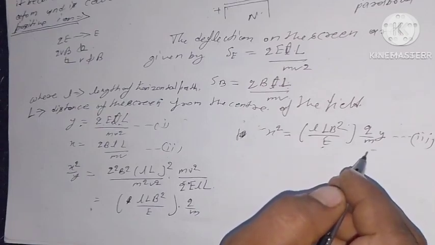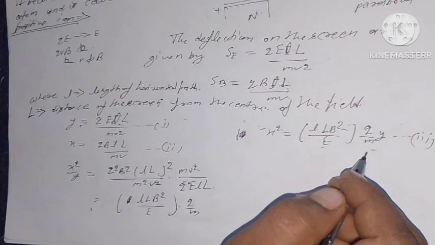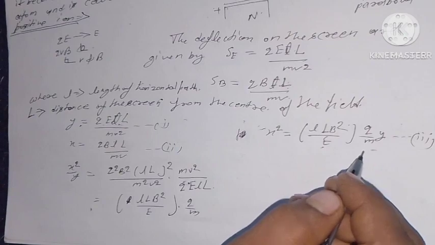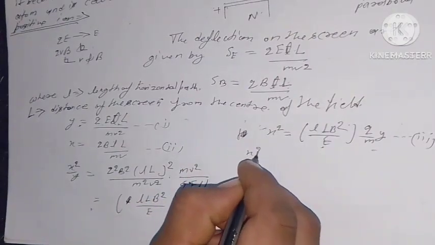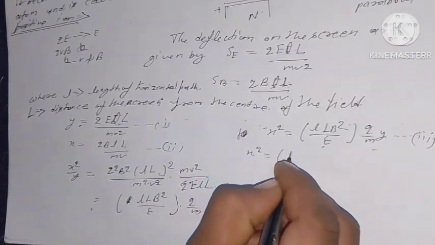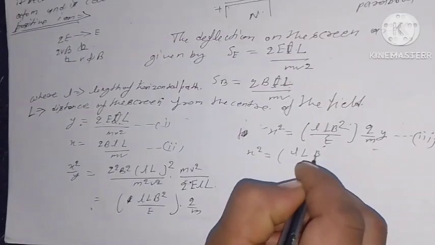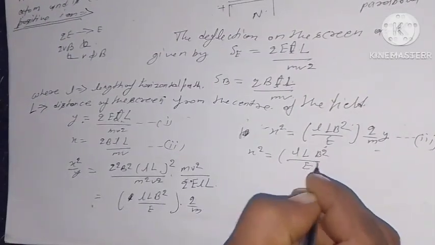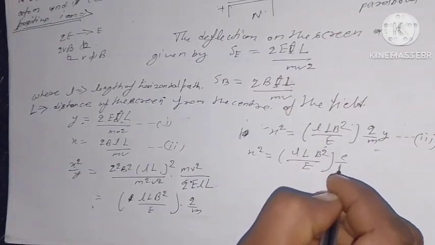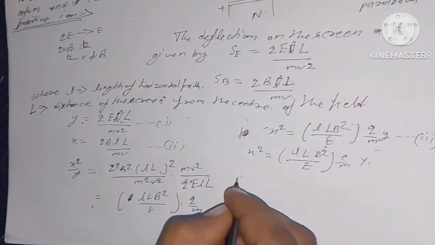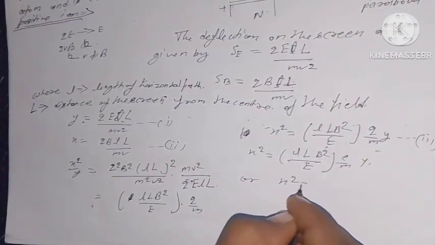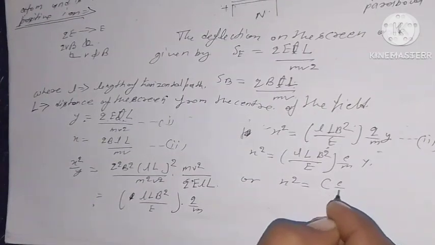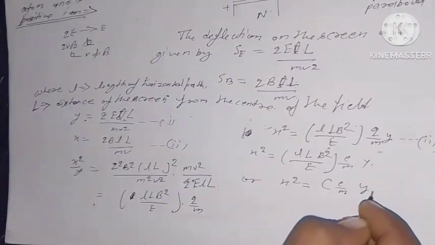If each ion has a positive charge equal in magnitude to the electronic charge e, then equation number three is written as x² = (lL B²/E)(e/m) y, or x² = C (e/m) y.